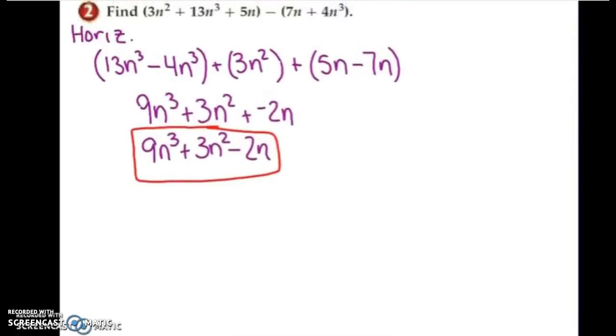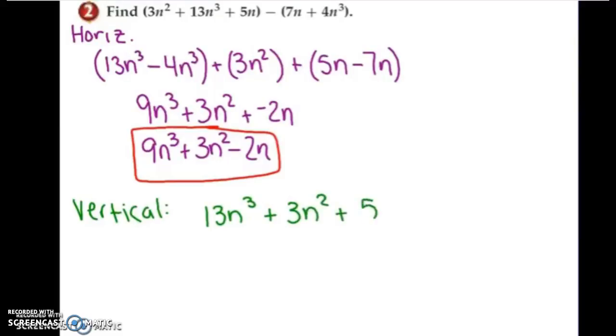For this one, I'm going to start by taking my first polynomial and writing it in order from highest exponent to lowest: 13n to the third plus 3n squared plus 5n. So we're lining them up in order from highest exponent to lowest.